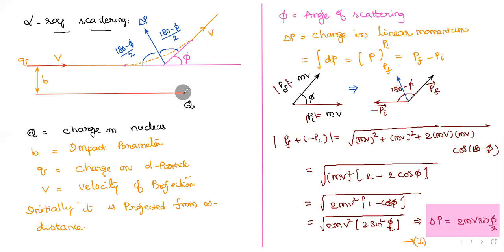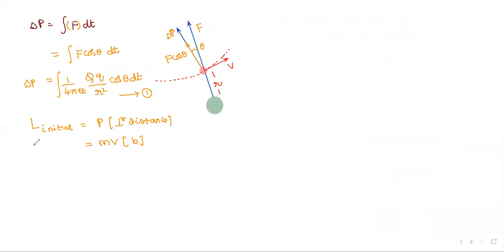Okay. And when you come to here, from the nucleus, L at an instant is equal to, suppose here the velocity is v1, m v1 into, actually if these two are not perpendicular to each other, I have to write the component, either sine theta or cos theta, whichever is perpendicular to v.